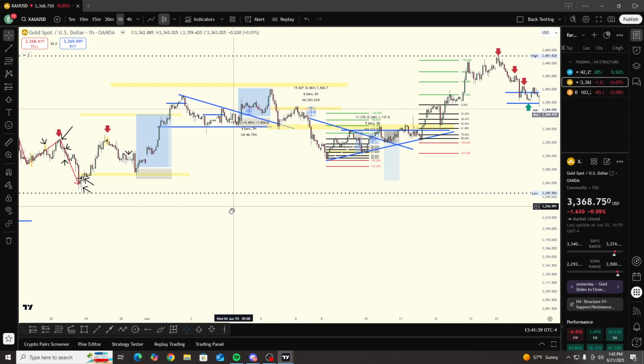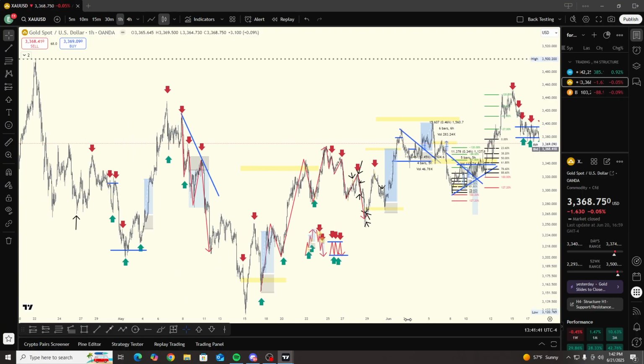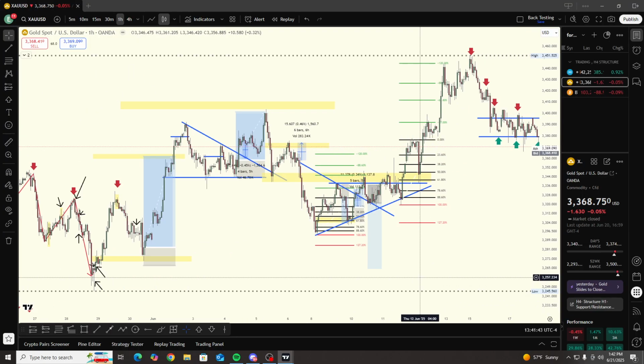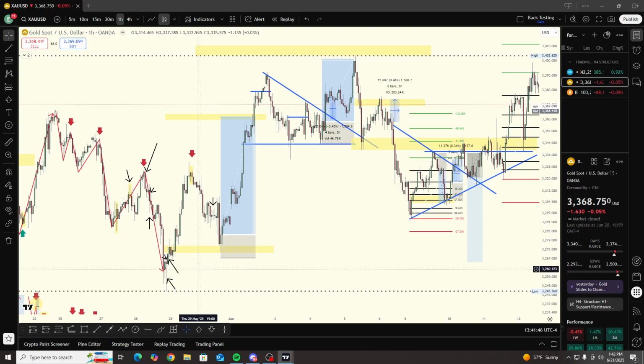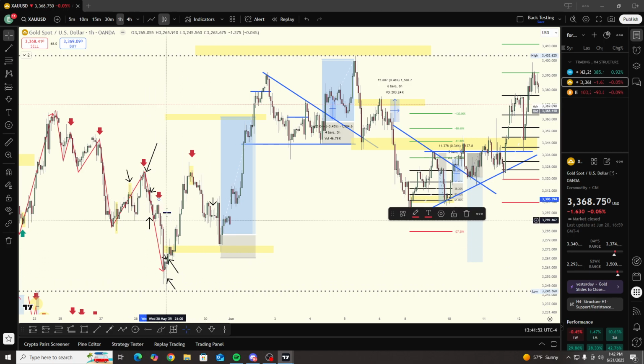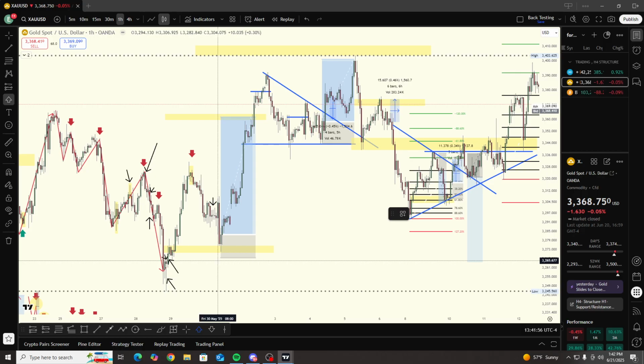So let's get into some trades that I actually did take, so y'all can see. Here I was looking at this as, we had resistance here, price pushed up, made a high, made a higher low. So this support right here, boom, and I took the buy here.